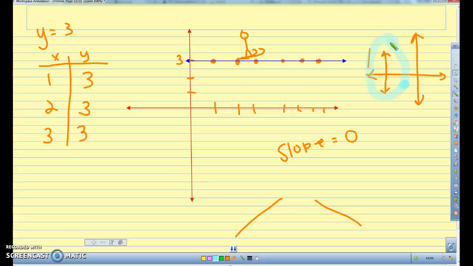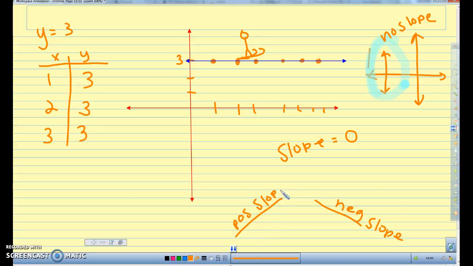That is a no slope type problem. Because when I get to that and I'm skiing, I should say no. Okay? This is a negative slope. And this one is a positive slope. Okay?